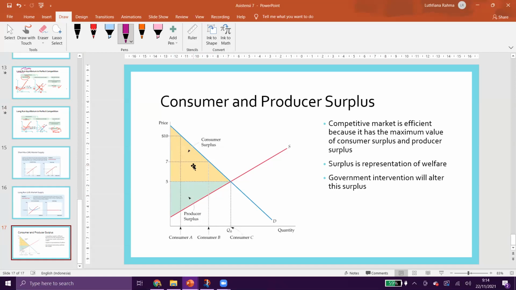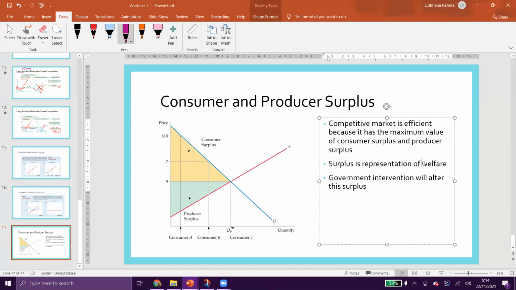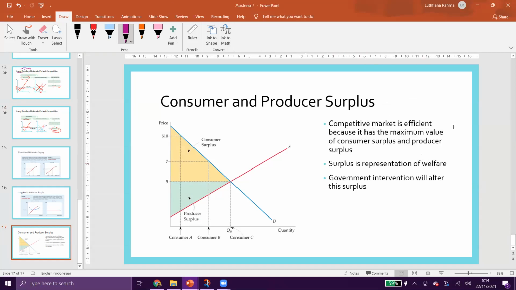Why is surplus so important? Because surplus in the market, both consumer surplus and producer surplus, is the representation of welfare. So the higher the surplus the market has, the higher the welfare of the market.